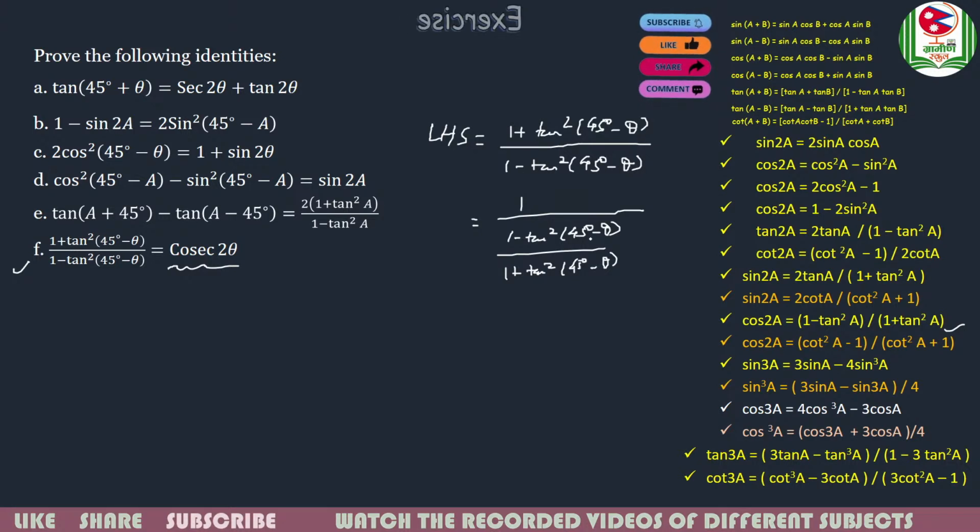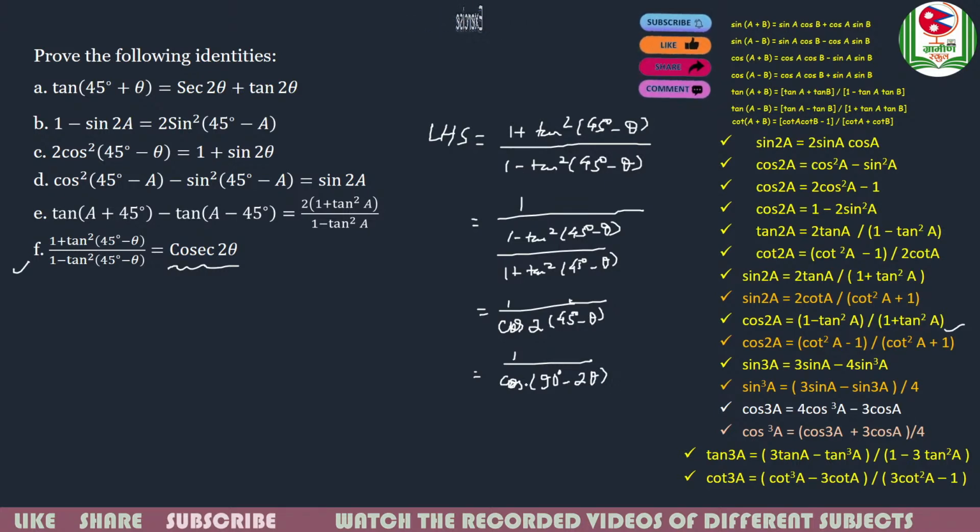And this 1 minus tan square theta upon 1 plus tan square theta can be written as cos 2 theta. So we can write 1 upon cos 2 into a, and a is here again 45 degree minus theta. And we can write this cos 2 into 45 degree minus theta as 1 upon cos 90 degree minus 2 theta.